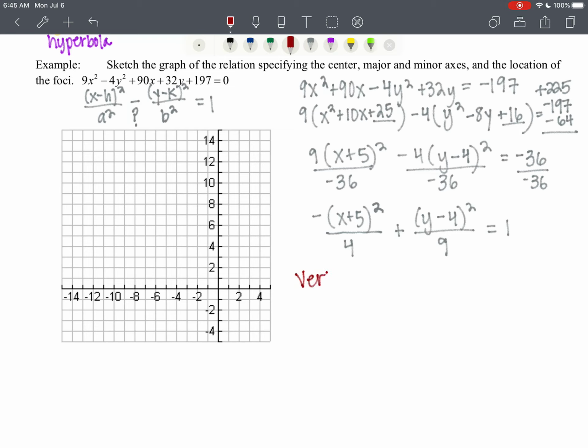So our center is negative 5, 4. This x being negative tells me that it's going to open vertically.